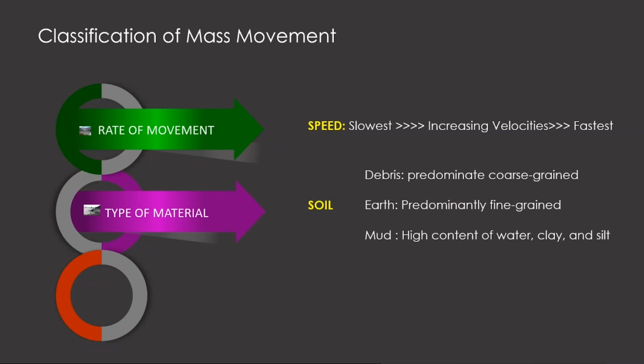The second type of classification depends upon the type of material which moves, so we can call it a debris flow, earth flow, or a mud flow. Debris means predominantly coarse grained materials, larger sediments of 2 or 3 centimeters or larger.